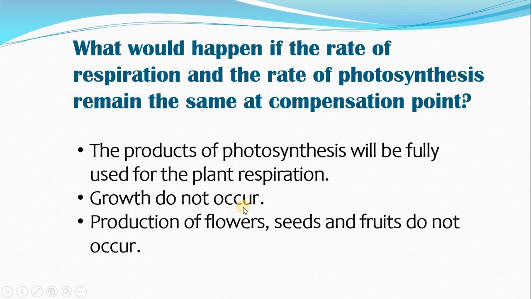Growth does not occur, and the production of flowers, seeds, and fruits also does not occur. So that is the effect when the rate of respiration and the rate of photosynthesis remain the same at the compensation point.